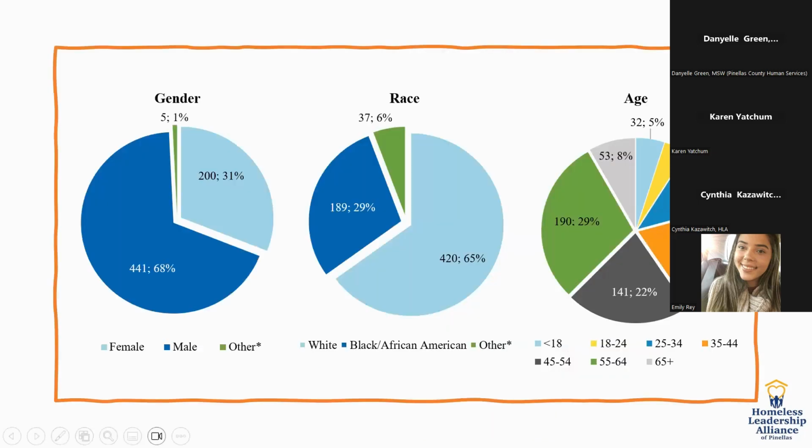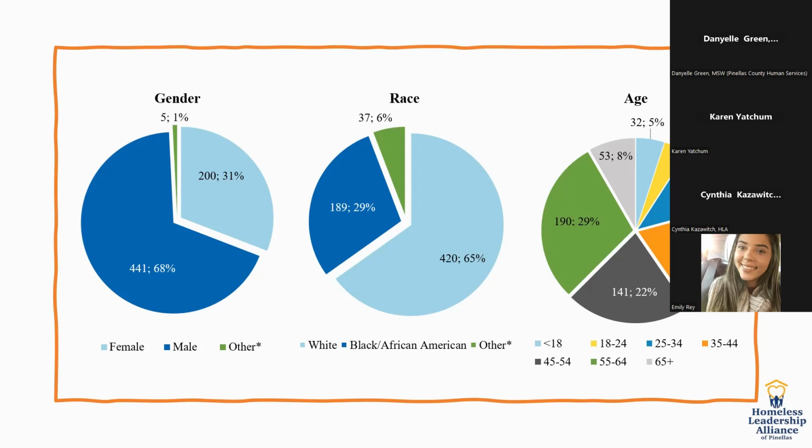The next slide, please. Here's the gender, race, and age breakdown of the unsheltered individuals. Most people were male and identified as white. And once again, there was a relatively even distribution of age.